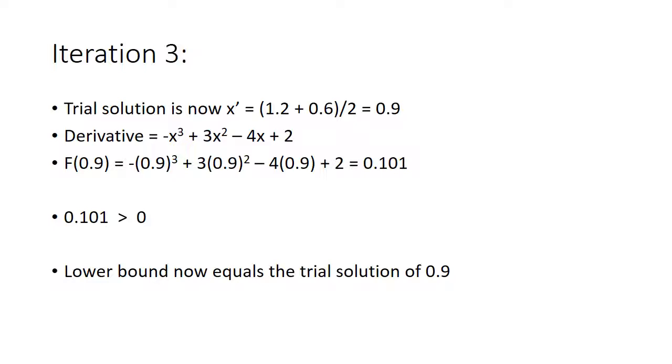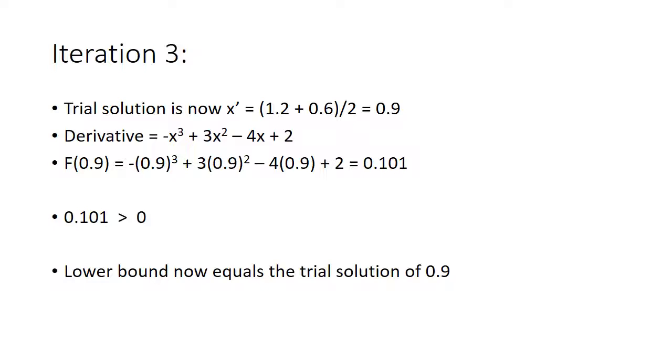The derivative of the objective function is still the same, and we're going to evaluate that derivative at our current trial solution of 0.9. So this time I actually put the 0.9 into the function so you could see instead of me just reading it to you, and we end up with a solution of 0.101.